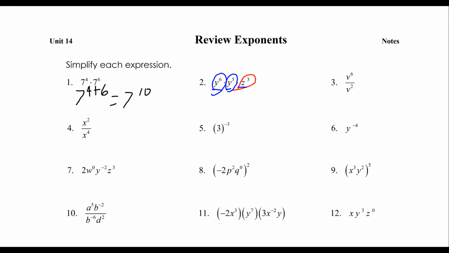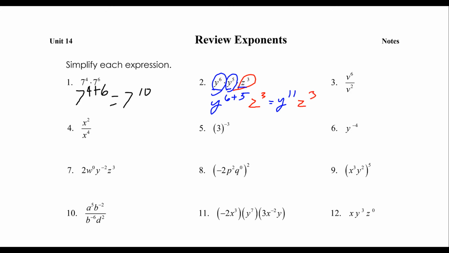So we can add the y exponents, y to the 6 plus 5, and then the z has to stay alone. What we're left with is y to the 11, z to the 3rd.